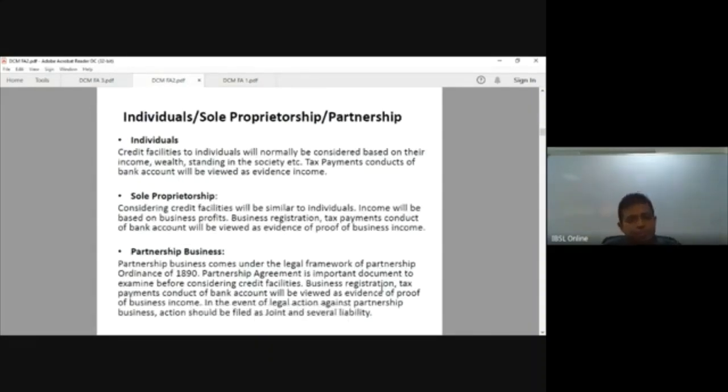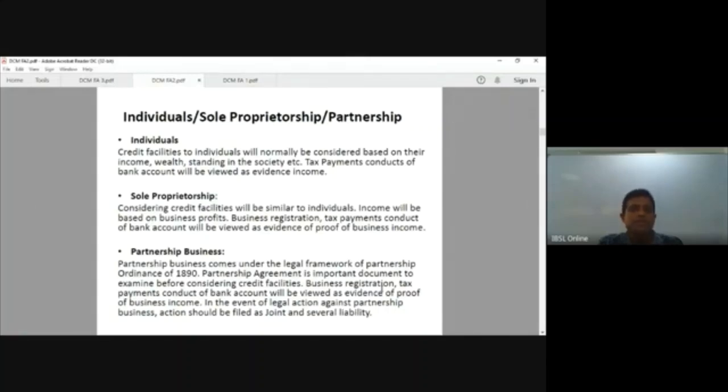Right. Then, one by one, if you take the things that we considered under credit analysis: credit facilities to an individual will normally be considered based on their income, wealth, standing in society, tax payments, and the conduct of the bank account will be viewed as evidence.